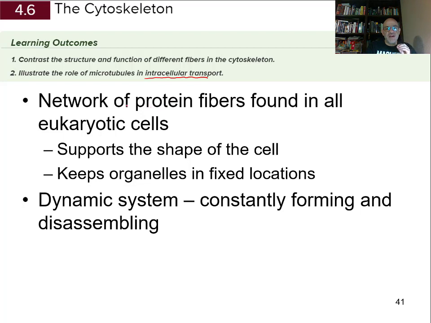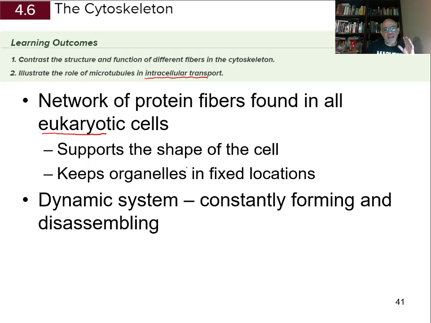So the cytoskeleton itself, what is it? It's going to be a network of protein fibers, and this is going to be typical of eukaryotic cells, plant cells, animal cells, fungi. The cytoskeleton is going to help support shape of the cell, keep organelles in fixed locations.